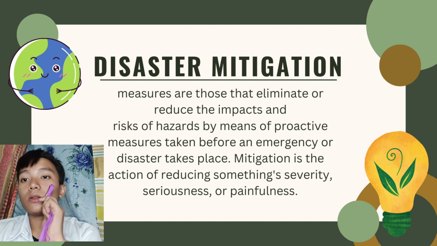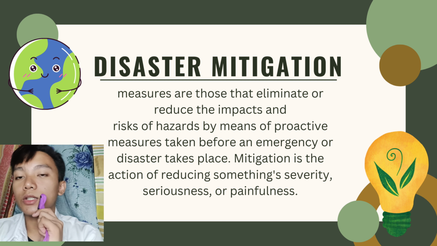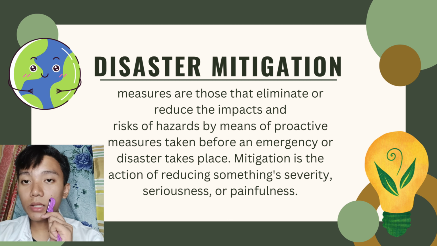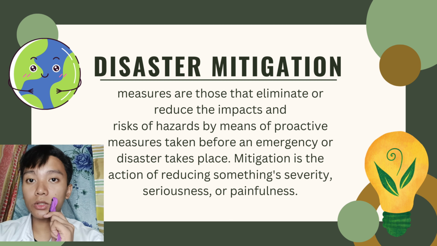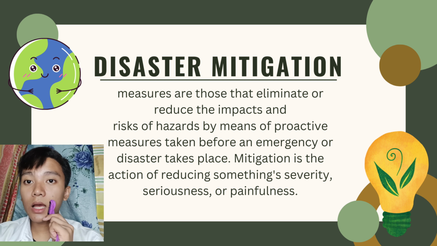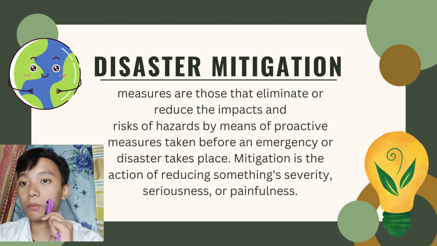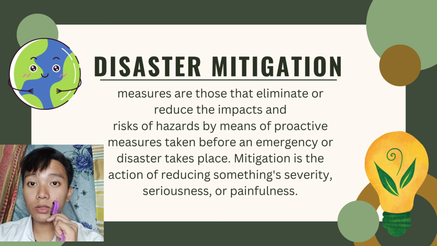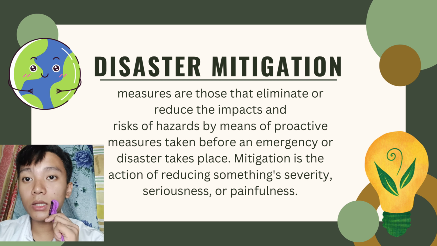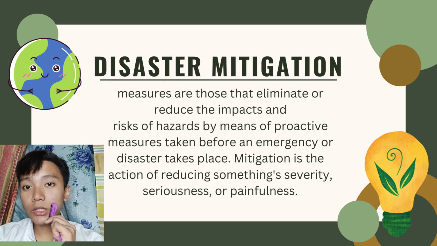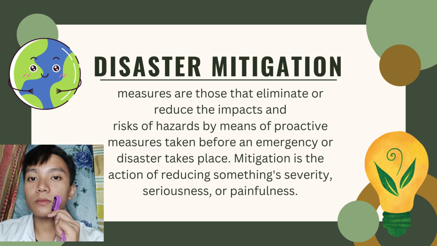Now let us talk about disaster mitigation. Disaster mitigation measures are those that eliminate or reduce the impacts and risks of hazards by means of proactive measures taken before an emergency or disaster takes place. Mitigation is the action of reducing something's severity, seriousness, or painfulness.